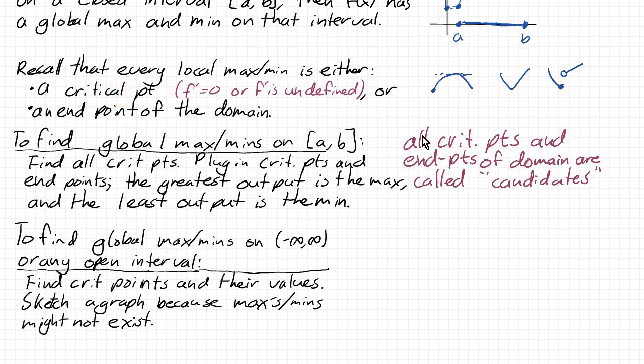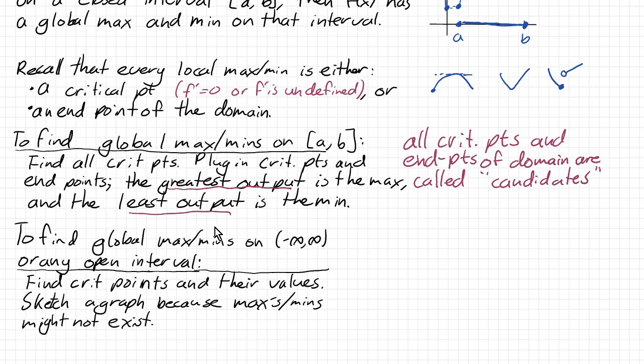So you first find all the critical points, plug them in, and find the endpoints of the domain and plug them in, and we know that one of those candidates must be the maximum, and one must give you the minimum. We just need to find out which one gives you the greatest output, and which one gives you the least output.